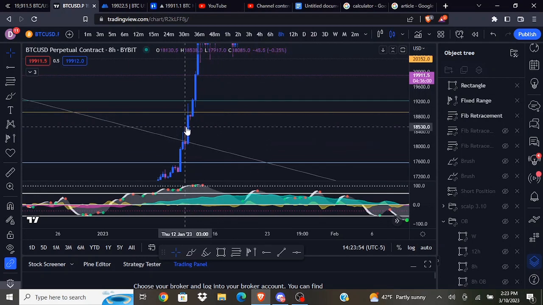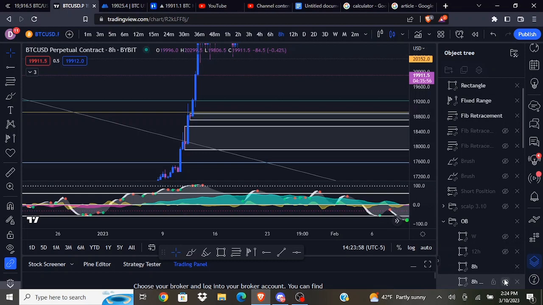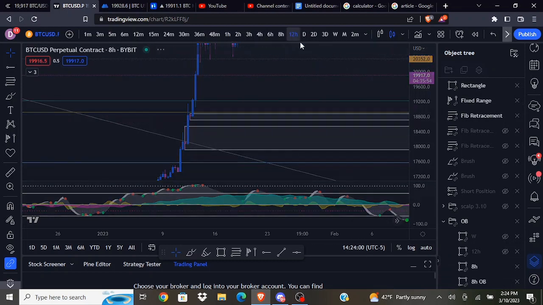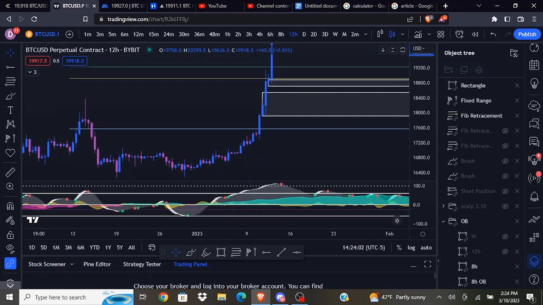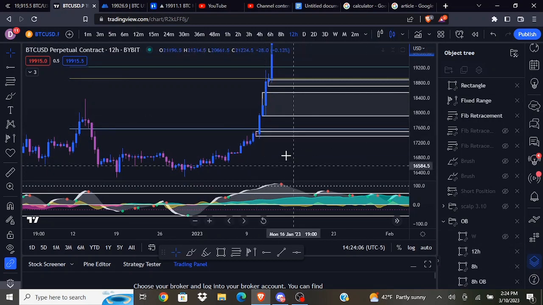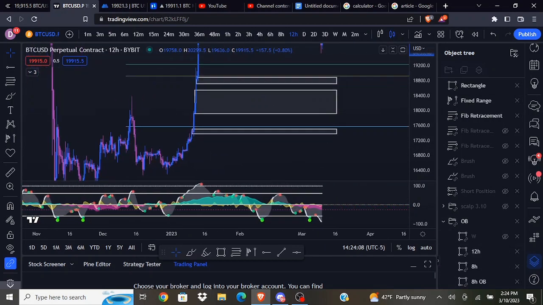There's another 8-hour order block below it too, so I've got those two marked out. And when you come to the 12-hour, there's also a 12-hour order block right below the 786. So I'll keep those in mind for if we end up seeing bounces in these areas.